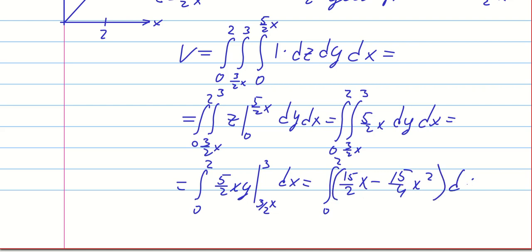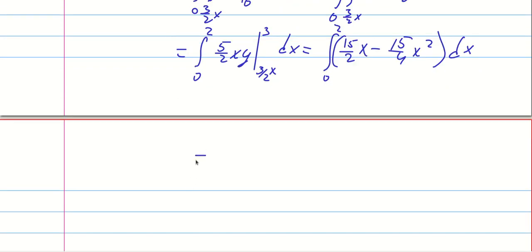And then we integrate further to get 15 x squared over 4 minus 30 x cubed over 12, from 0 to 2. All right.